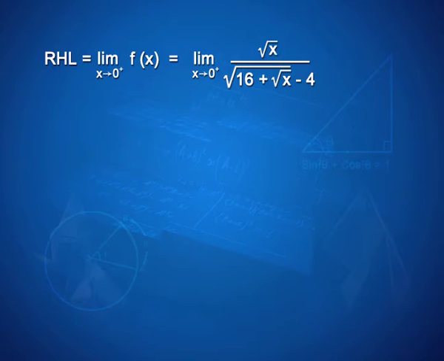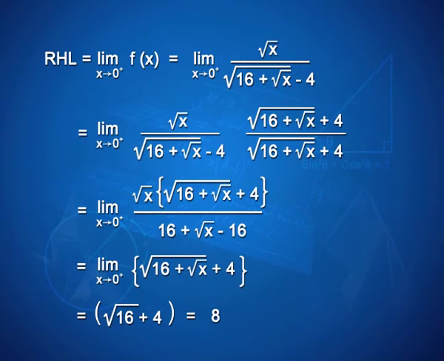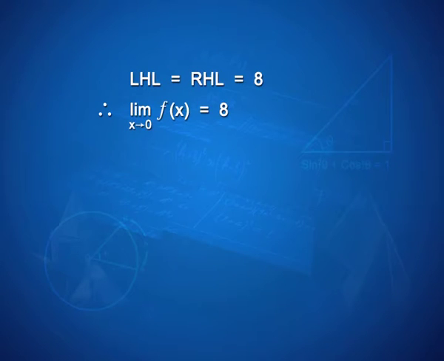So, if I multiply and divide by the conjugate of the denominator, I get simplification to a large extent, and you can see how nicely it just simplifies to root of 16 plus root x plus 4, and as x tends to 0, what would this be? Nothing but root 16 plus 4, which is 8. And so, the left and right hand limit both are same as 8.